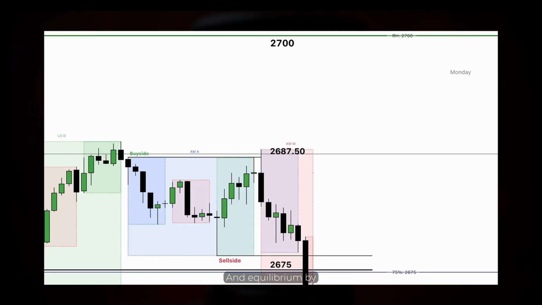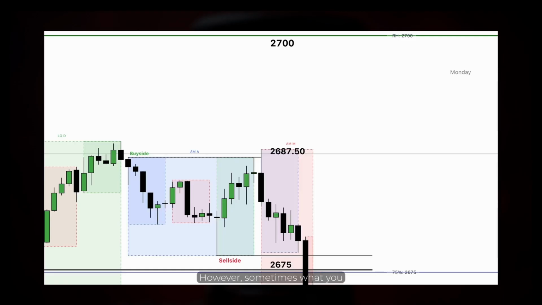And equilibrium by itself can also function as a rejection level. So the next time when you start looking at these liquidity pools which are engineered, pay attention to whether or not it's in close proximity to equilibrium of a bigger range. Ideally, you would like to always see it be at a full 100 number.